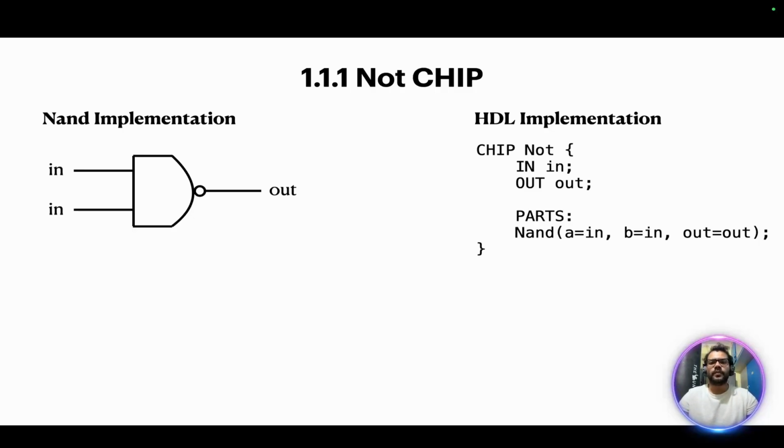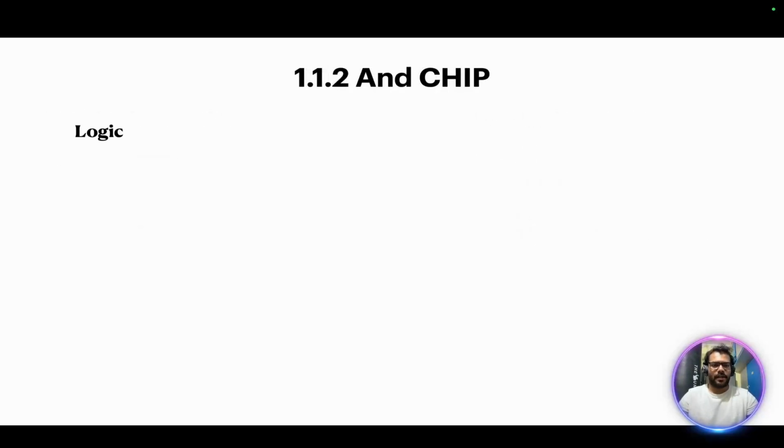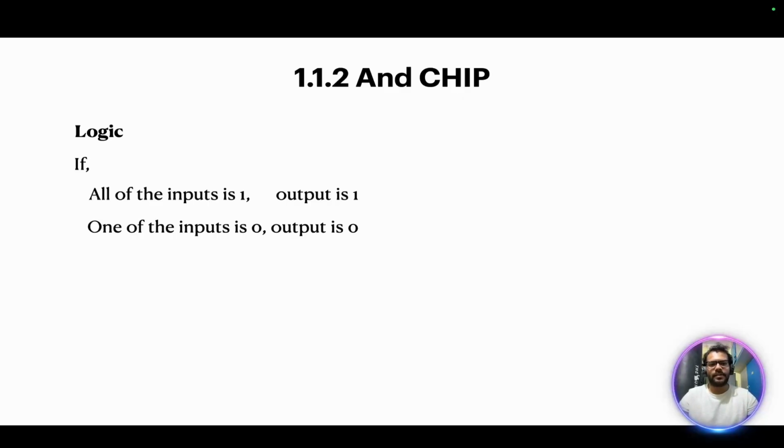Okay, let's get going with the next chip, which is AND. What is AND logic? If all the inputs are 1, the output is 1. Otherwise, it is 0. Even if one of the inputs is 0, it is 0. The symbol is this. Notice there is no circle here.